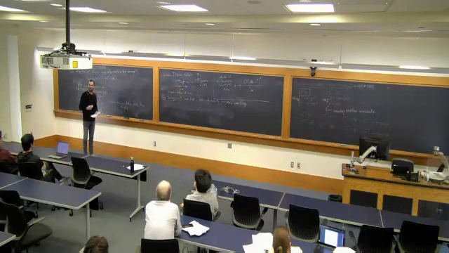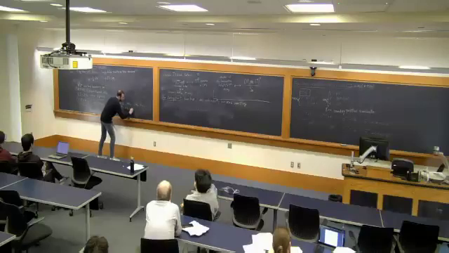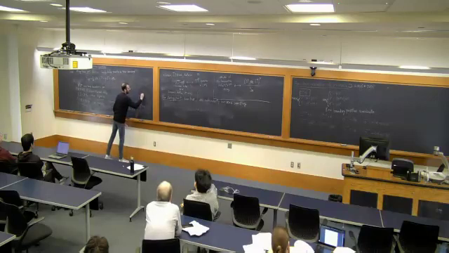One side, one circle of the torus. And then on the other side will be identified with x plus t, where t is my modular parameter in spacetime.